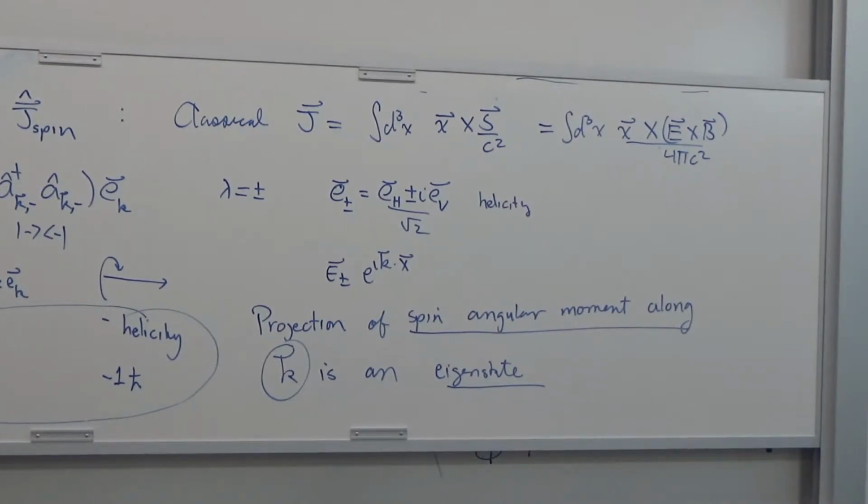But I can also talk about the modes of simultaneous eigenstate of both, right? That's the coupled basis that you might remember for the addition of angular momentum. Those modes are called vector spherical harmonics. Chapter 16 or something of Jackson.